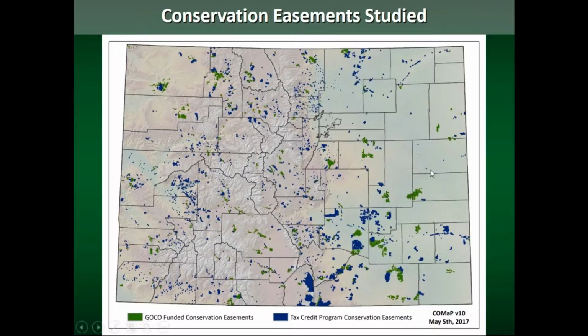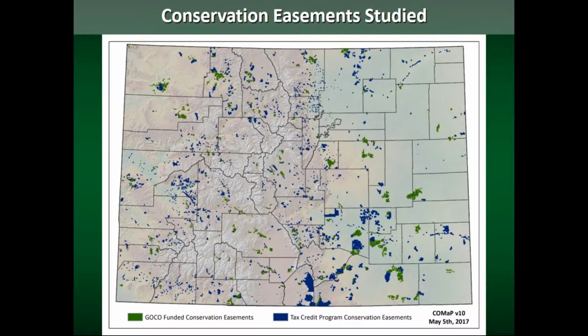Thank you, Mark. So this is a map of the state and the places where the easements have been leveraged through these two programs. The green ones are GOCO funded exclusively.